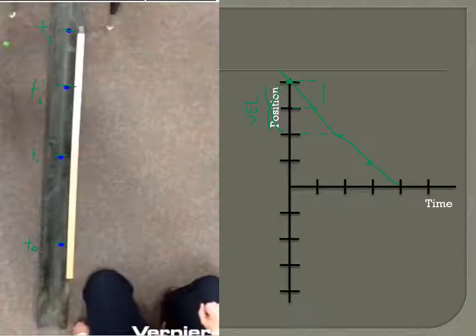So this change in velocity is the same as this change in velocity is the same as this change in velocity. That's really a very important point when we start to formally define what acceleration is. In this case, my velocity has been changing, but it's been changing in equal amounts for equal amounts of time. That's very important to remember.